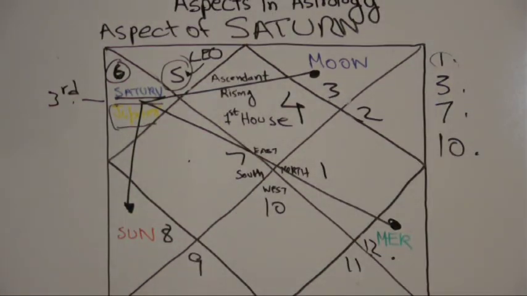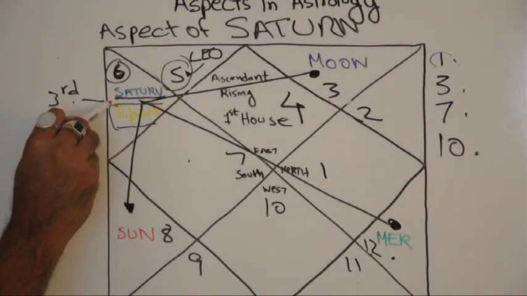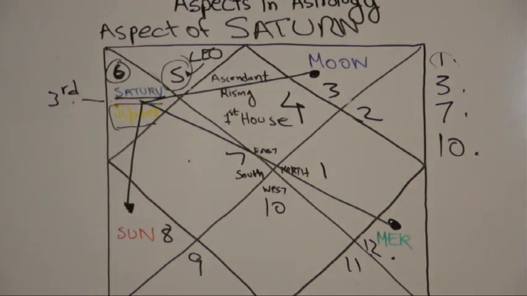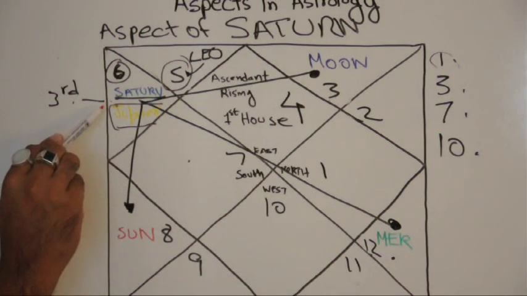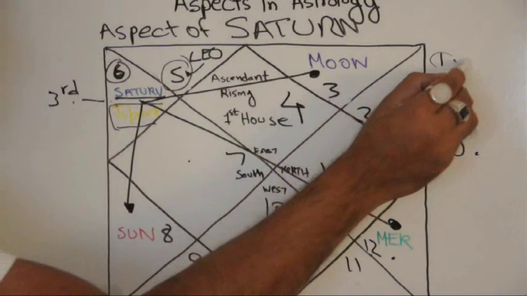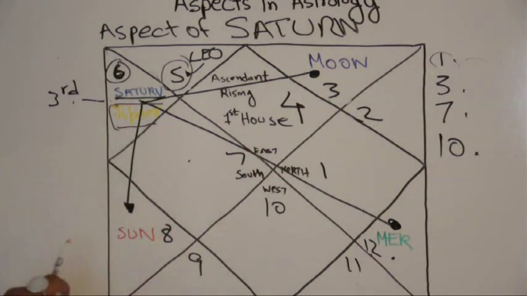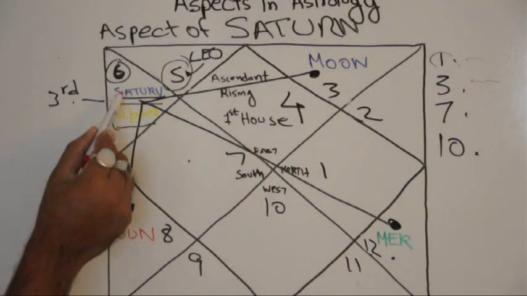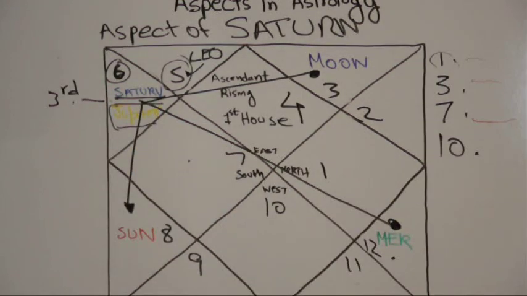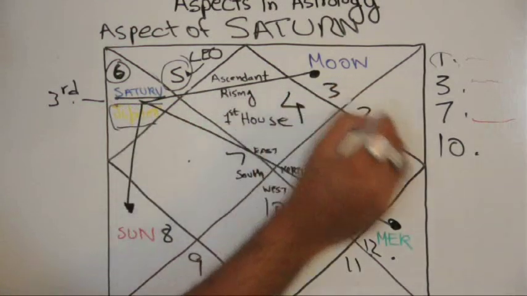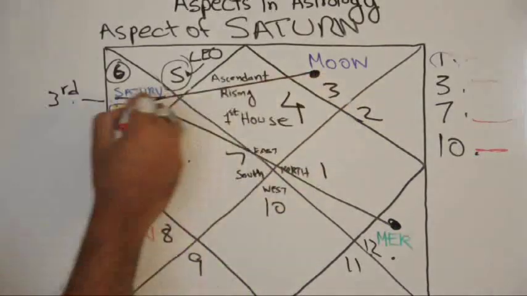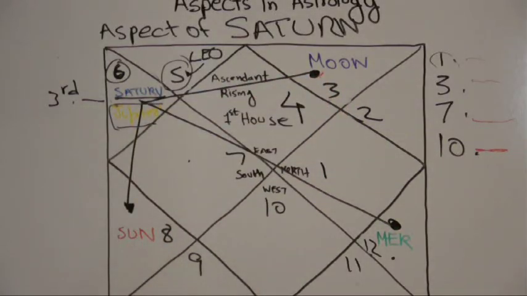So if you hear an astrologer say that Saturn in your birth chart is aspecting the Moon, he simply means that your Moon is either sitting with Saturn, which is the first aspect, or sitting third place from Saturn, which is the third aspect. The Moon could be sitting seventh from where Saturn is, directly across, which is the seventh house aspect. Or the Moon, like in this chart, is sitting 10 places away from Saturn, which is the 10th aspect, towards the 12th house. So this is how planet Saturn looks at other planets.